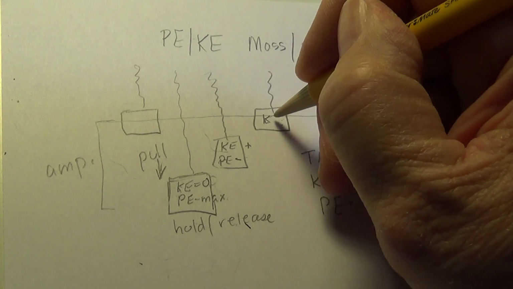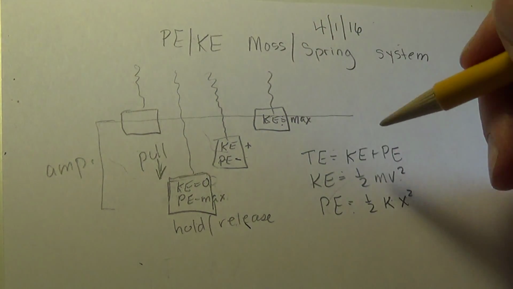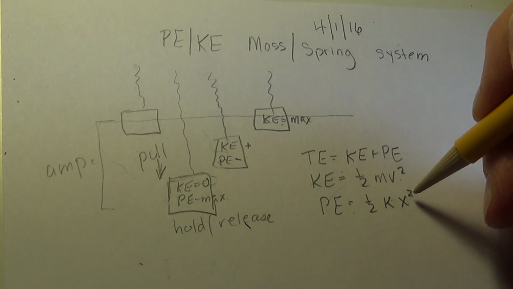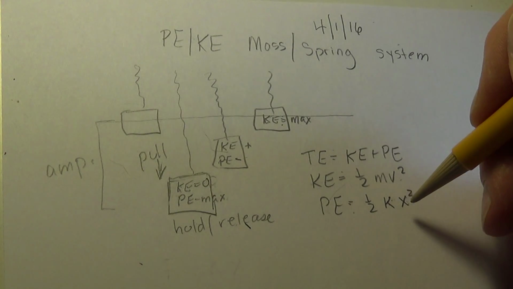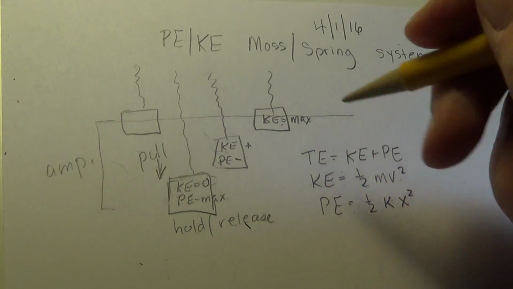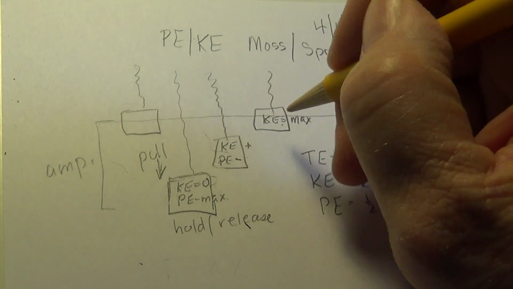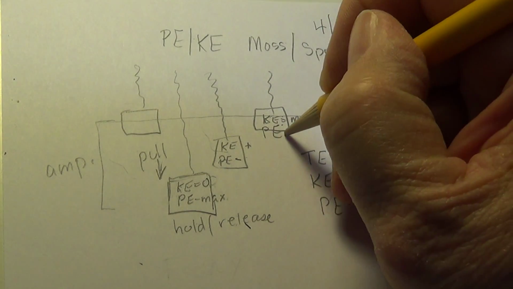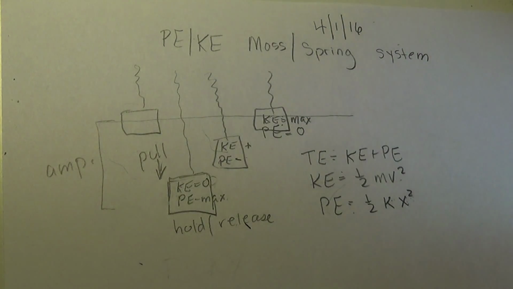So kinetic energy maxes out at equilibrium, but potential energy is the restoring force that's bringing it up. The x value is 0 because it's at the equilibrium, so there's no potential energy right there. So potential energy zeroes out. And this sort of thing kind of repeats itself. But those are the main points of interest.